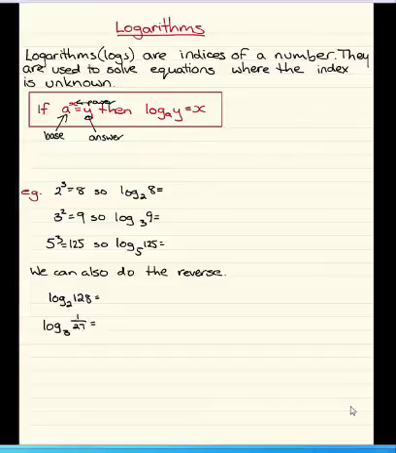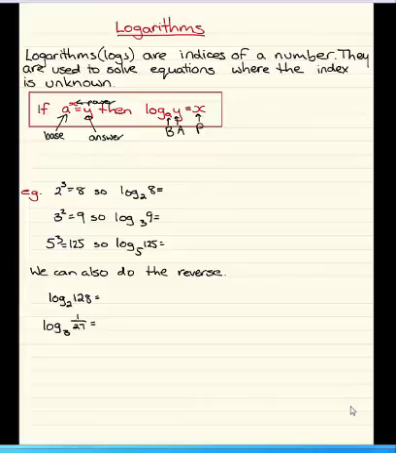Base, power, answer: none of those things are new, but the way we relate them to log is you remember BAP, because it goes base, answer, power, and that tells you what number to put where in your log. Okay, so have a look at some examples that we've got down here.